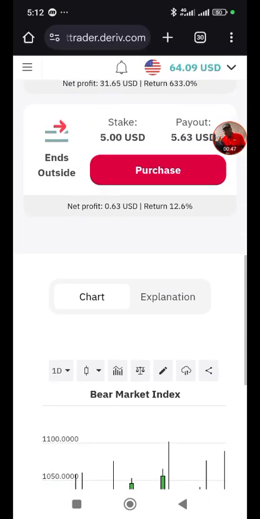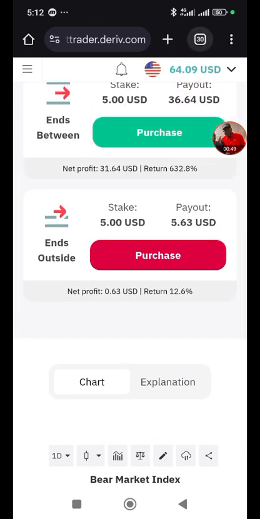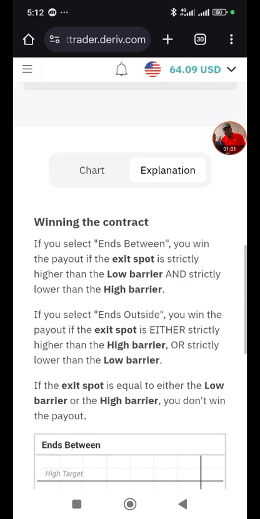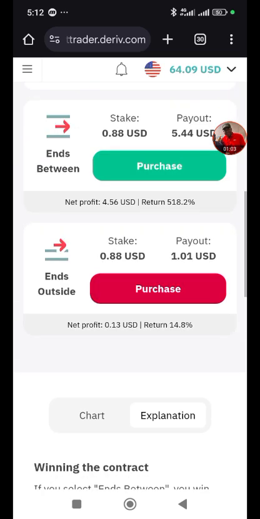Normally, if I have the setup, it should be giving maybe less than 5%. So once it's giving less than 5%, I'm not going to be trading.